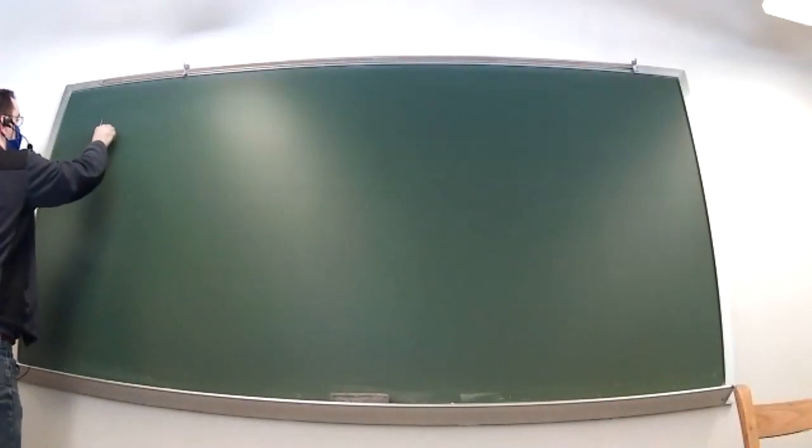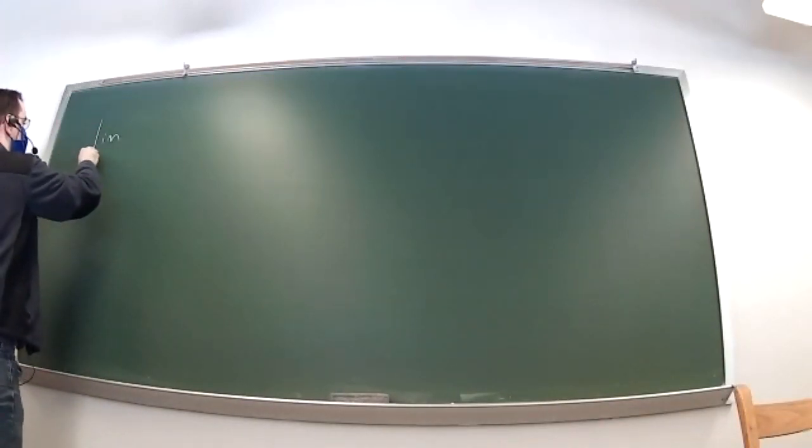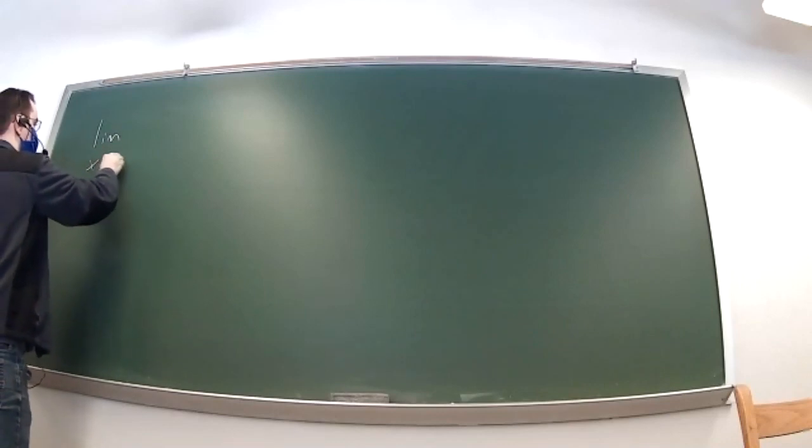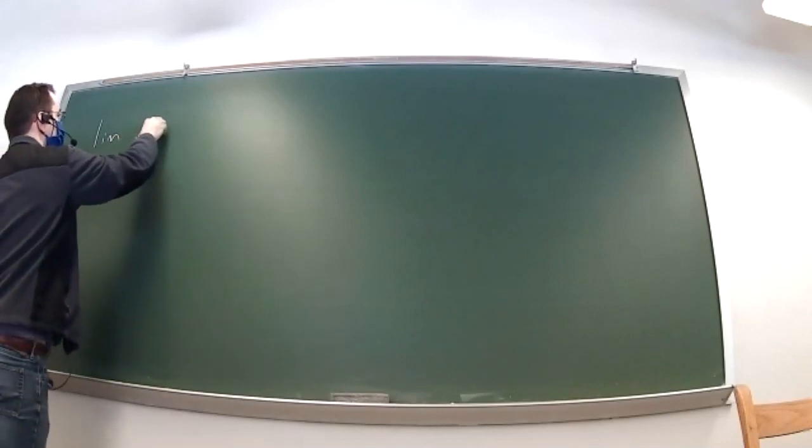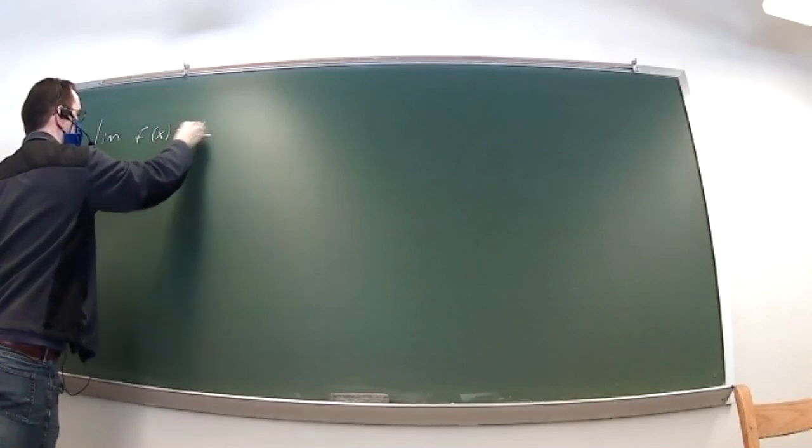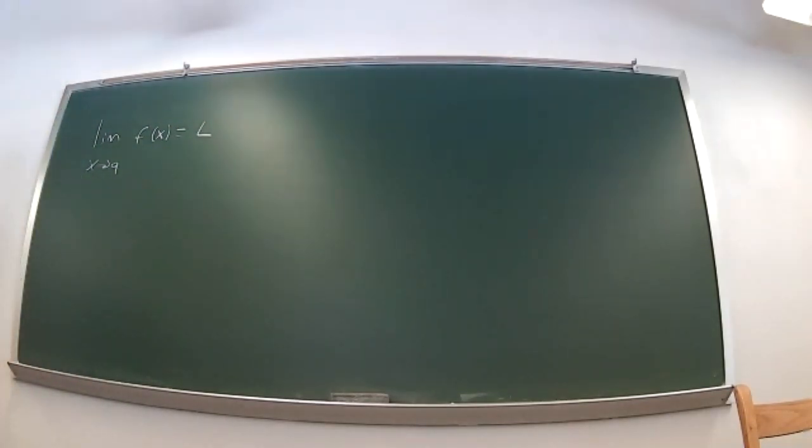So we've been throwing around this phrase that the limit of function f as x goes to a is equal to L. And there's a definition for you in the textbook earlier in chapter 2 that's kind of like an informal definition.